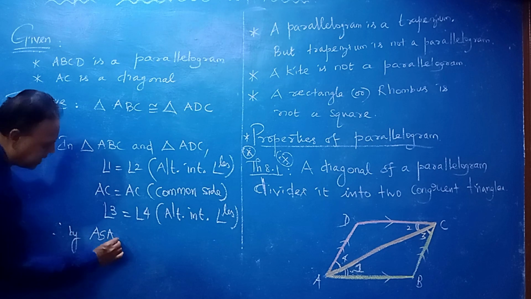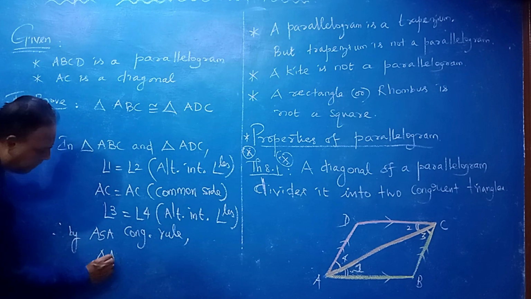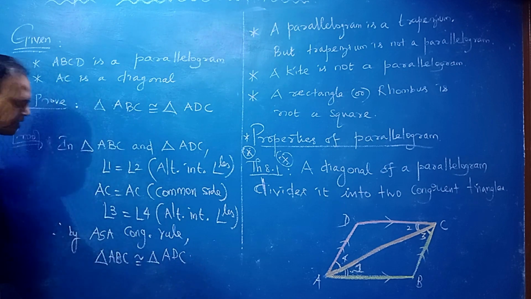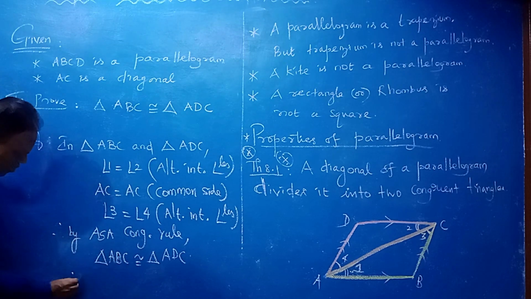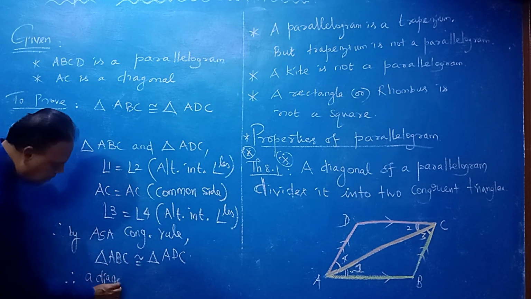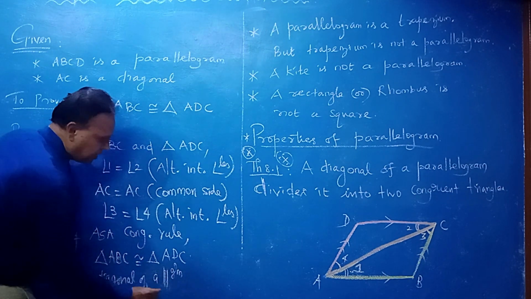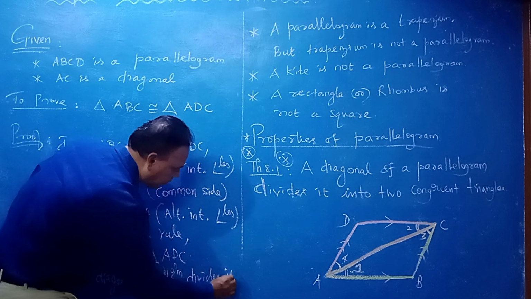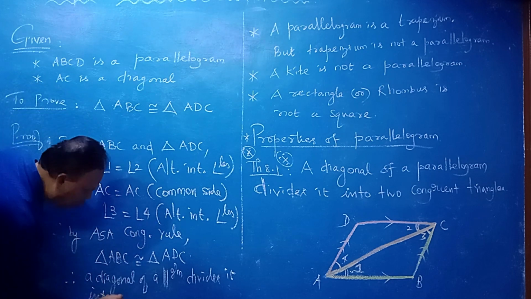Okay. Therefore, by ASA congruence rule, triangle ABC is congruent to triangle ADC. Understand? Therefore, a diagonal of a parallelogram divides it into two congruent triangles.